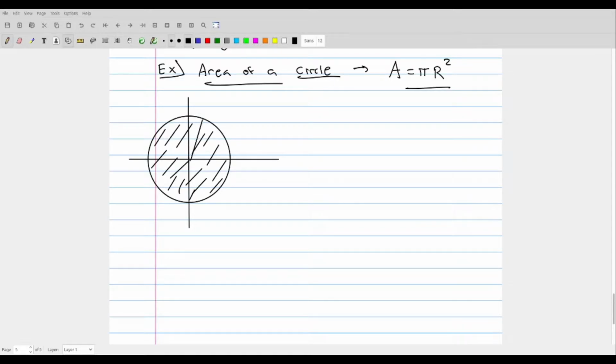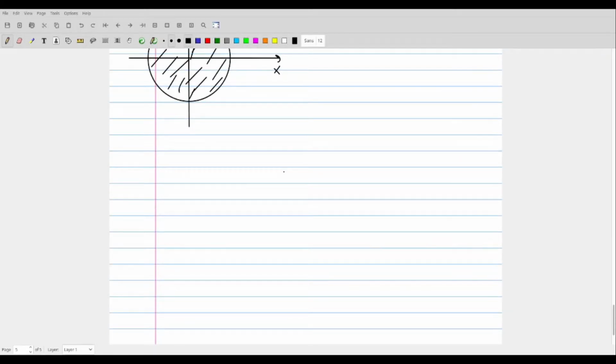So if our circle has a radius of r, we want to be able to go through and figure out what the area of this region is. So you'll recall from before that we defined the area of any region to be the double integral over that region of the constant function 1.